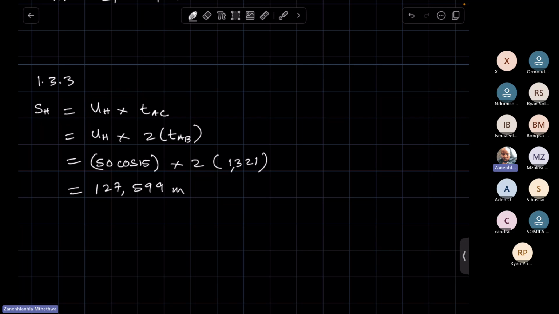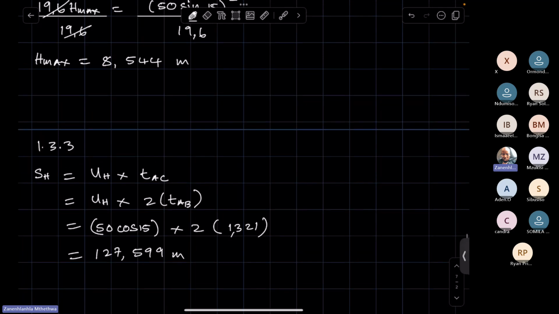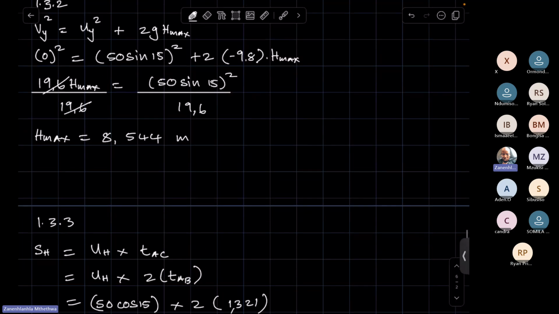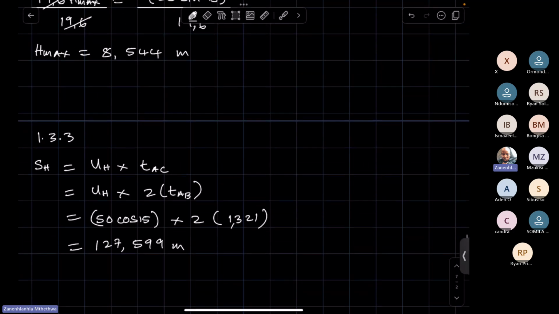Rounding off to 3 decimal places, you'd get 599. Are we clear? Yes, sir. Any questions?